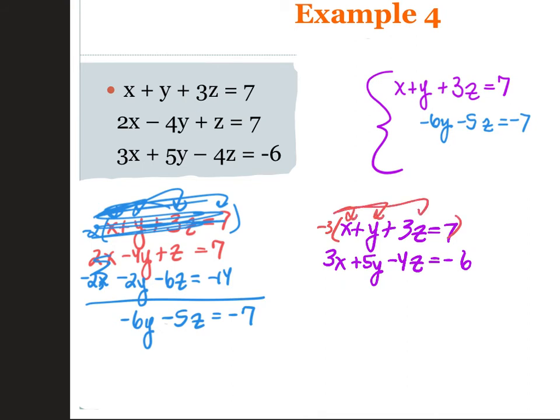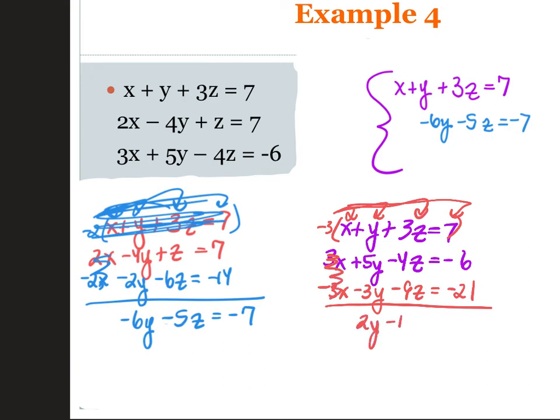Negative 3x minus 3y minus 9z equals negative 21. Everybody with me? X's cancel out. So I have 2y minus 13z equals negative 27. Did I make any mistakes anywhere?